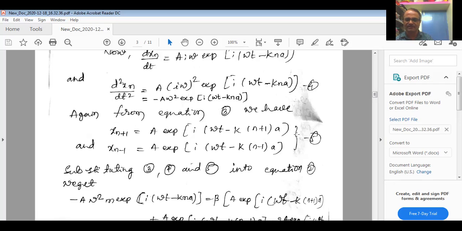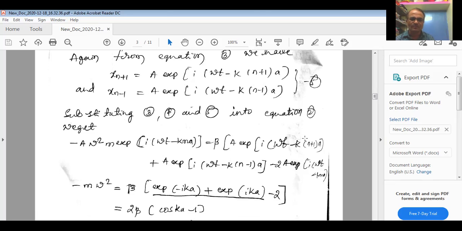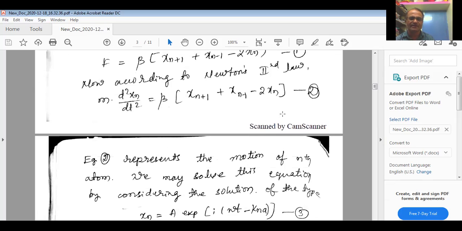Let this be 5, and now we have to substitute equations 3, 4 and 5 into equation 2. Equation 2 is there: m into d square xn divided by dt square is equal to beta into this much. So we have to substitute the value of d square xn divided by dt square, xn plus 1, xn minus 1 and xn in this equation 2.